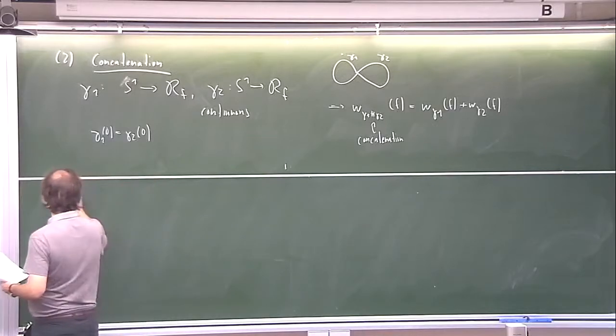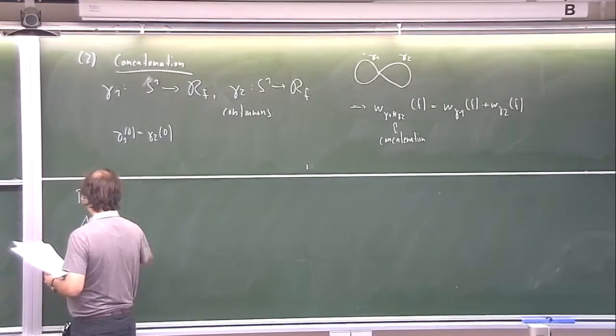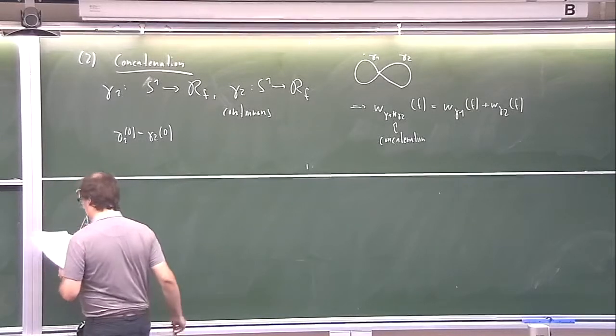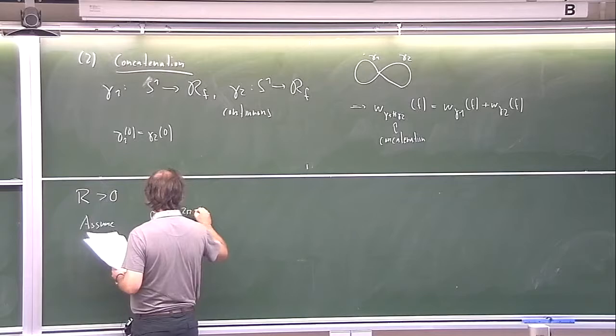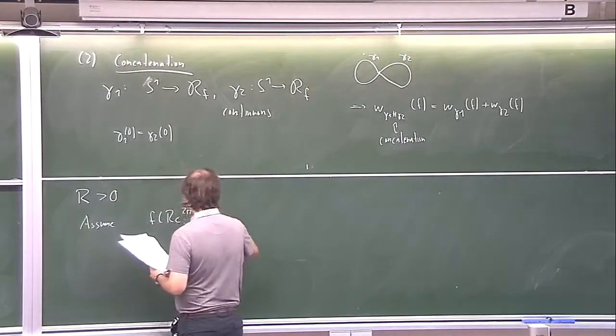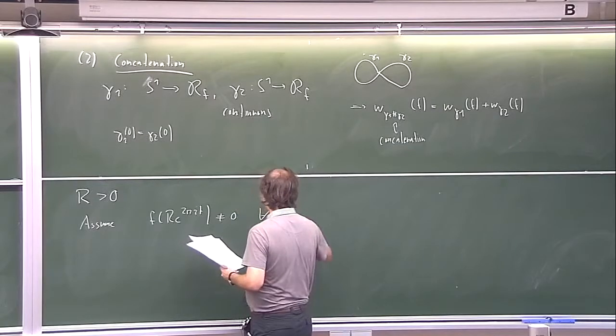Now let's pick a big R bigger than 0, and assume that f of r e to the 2 pi i t is never 0 for all t in S1.